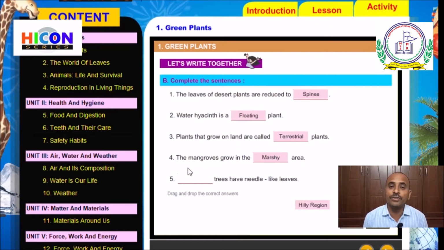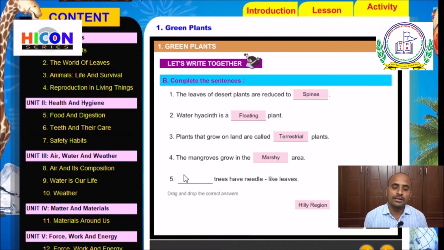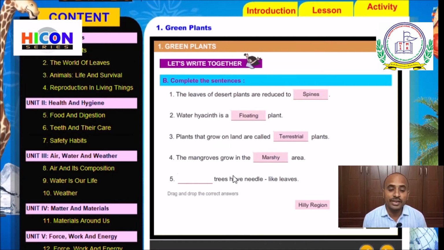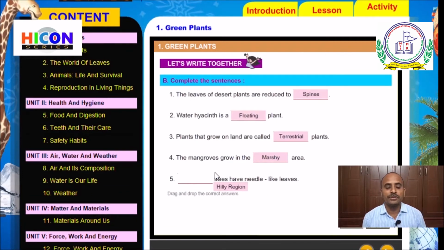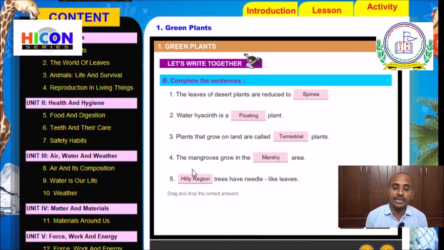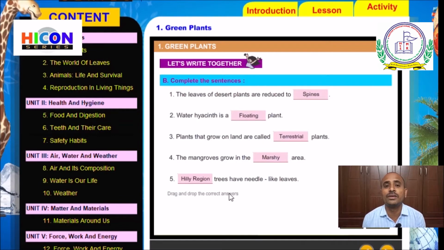Dash trees have needle-like leaves. The plants which grow in the hill region have needle-like leaves. So the answer is hilly region. The hilly region trees have needle-like leaves because generally in hill regions there is frequent rainfall and snowfall.